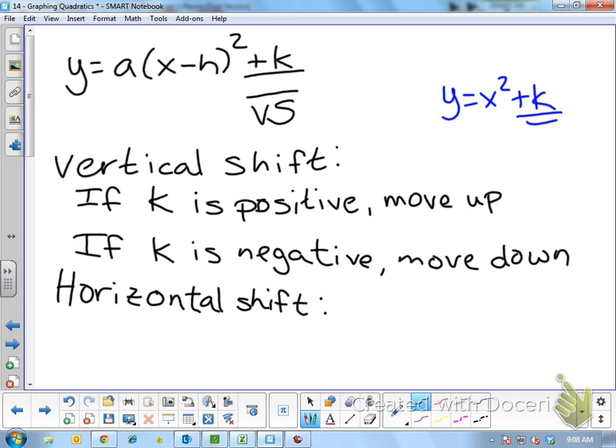So if we add a number to the right, outside of the parentheses, or if there are no parentheses, just to the right, then if k is positive, our graph will move up. If k is negative, our graph will move down.